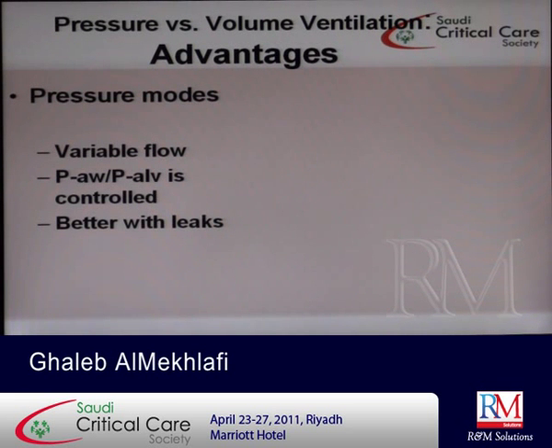Now in a volume mode, if I set a volume of, say, 500 ml, once that volume is reached, the ventilator will cycle. So the determinant of cycling in pressure modes is the pressure, and in volume modes it is the volume that I preset for the patient. When it is reached, the ventilator will cycle into expiration.